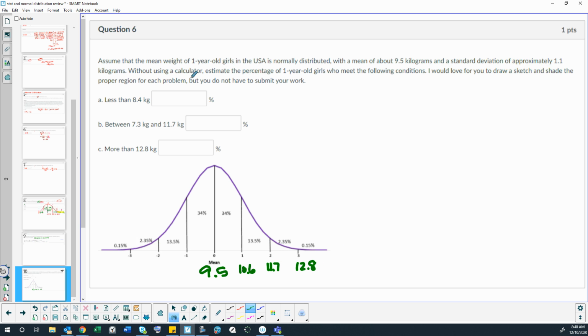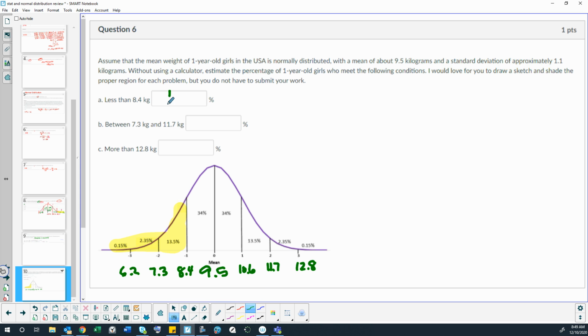Then if we subtract our 1.1 the other direction, we would have 8.4, 7.3, 6.2. Okay, so what's the probability we'll have less than 8.4 kilograms? Just add those percentages together. So 2.5 plus 13.5, which is basically 50%, subtract 34%. So that would be 16.